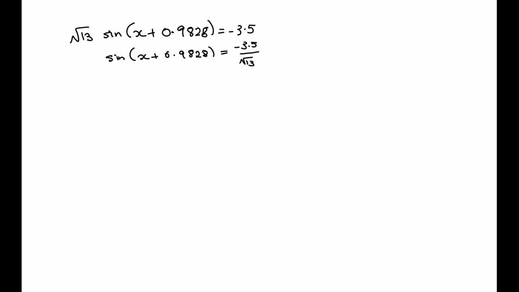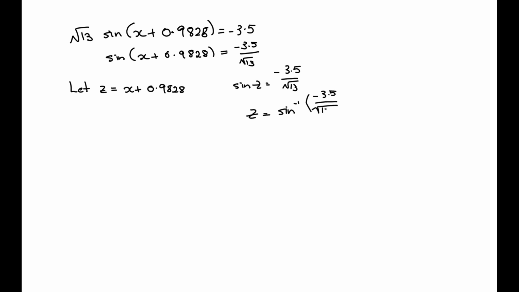And if we call z the bit in the bracket, so now we've got sine z equals negative 3.5 over root 13. Z equals sine inverse of negative 3.5 over root 13. So z is equal to two numbers.